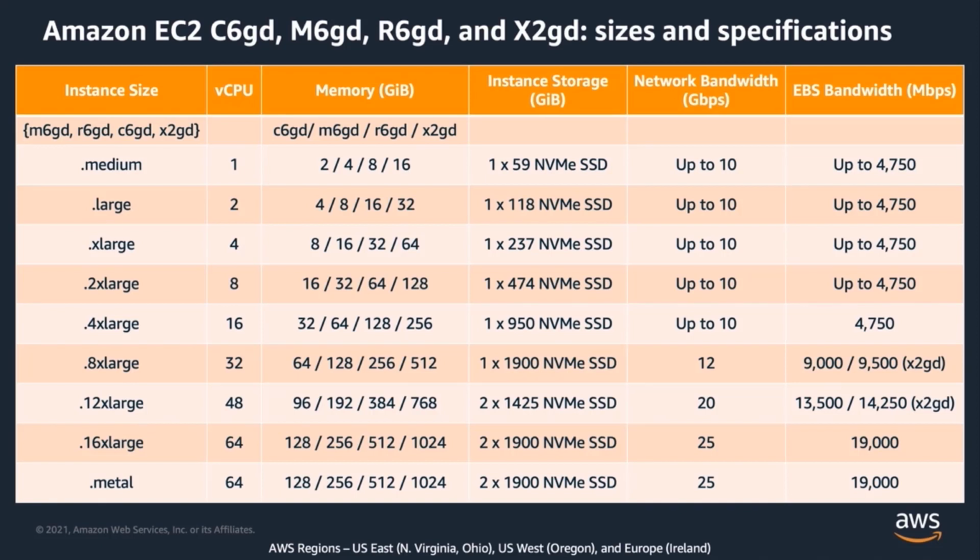You can see that across the instance sizes, there are variances in memory to CPU ratio, but you get fairly consistent progression of SSD storage additions up across the instance families. So going from a single 59 gig NVMe SSD in the dot mediums up to the 16XLs, bringing you two 1.9 terabyte NVMe SSDs available locally in the instance.